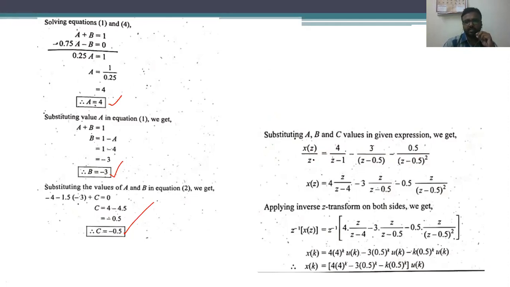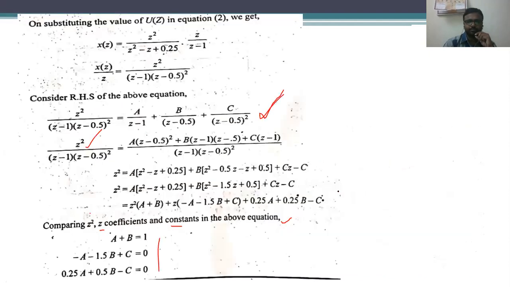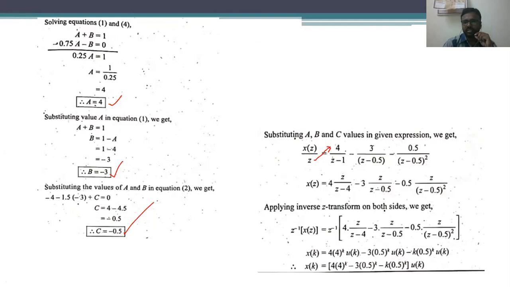So taking this particular z value to this side, we are going to get x of z is equal to 4 into z divided by z minus 1 minus 3 into z divided by z minus 0.5 minus 0.5 into z divided by z minus 0.5 whole square. So this is the value. A small printing mistake has happened.